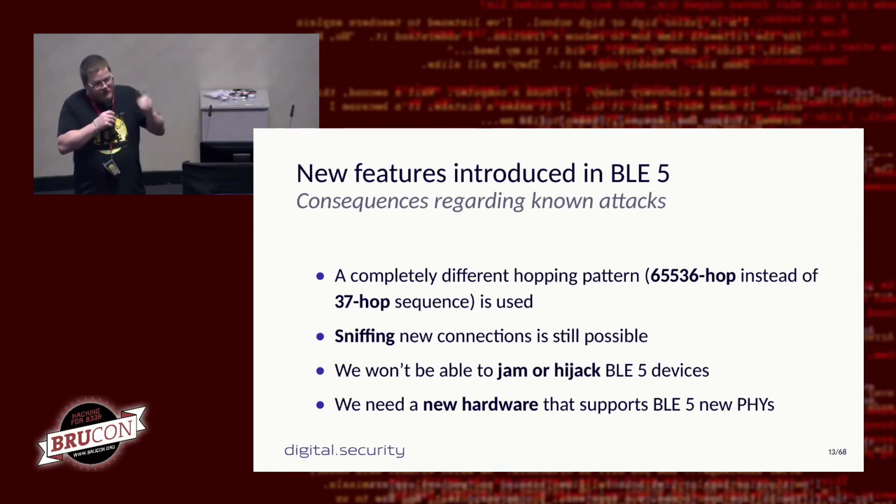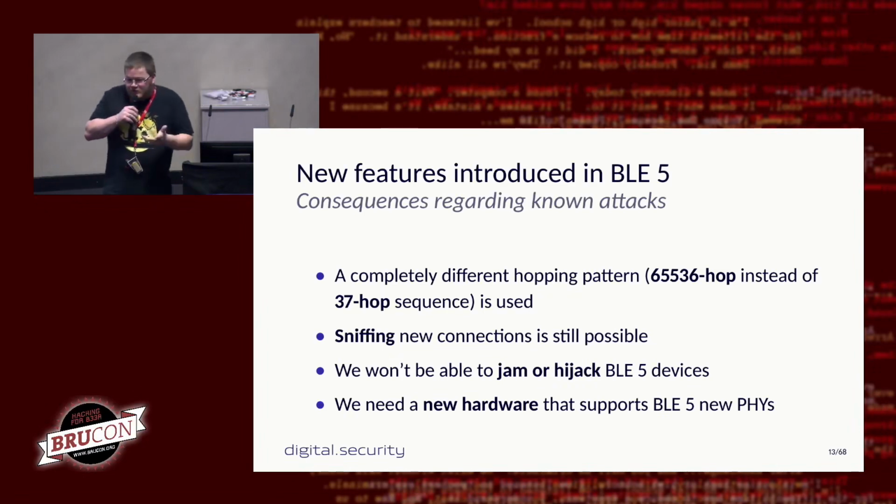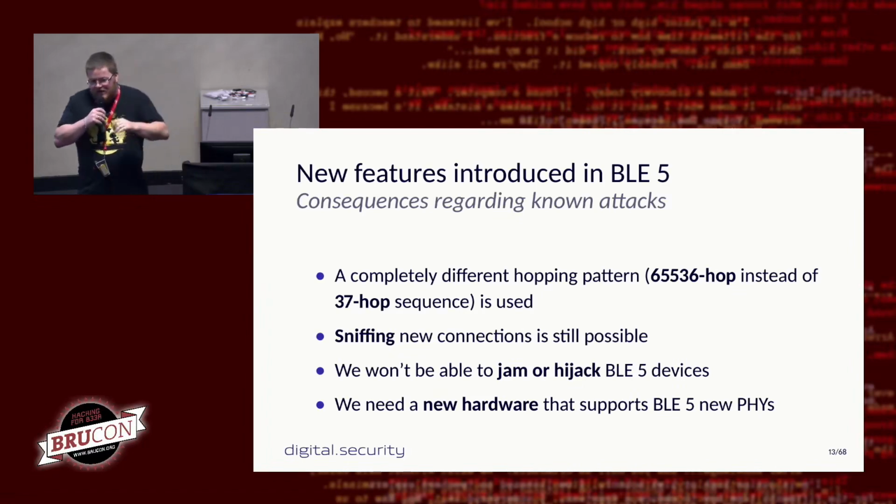If you capture the connection request sent to initiate the connection, then you get everything you need to start following an existing connection, because obviously the master sends every parameter that is required for the slave to follow the connection.